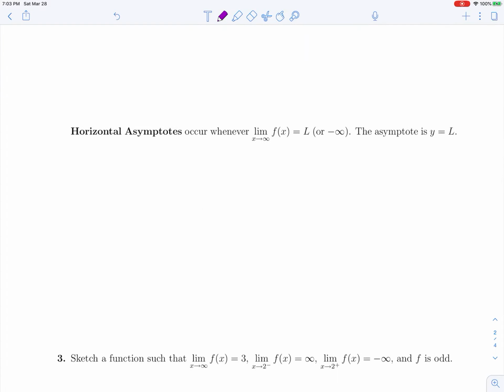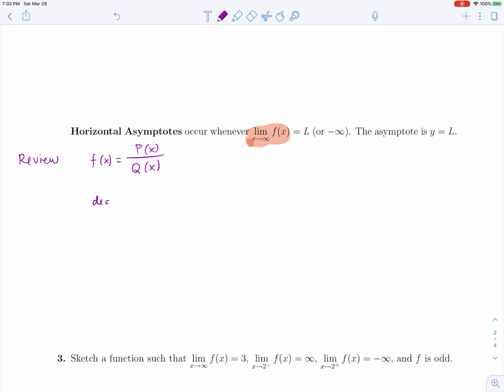So horizontal asymptotes occur when you take the limit as x approaches infinity of the function, or negative infinity. If you remember, just kind of a review, if we have a function that is a ratio, usually we're talking about polynomial functions when we're talking about horizontal asymptotes in general, not that other functions don't have them, but these are the ones that we're usually dealing with, then we're going to look at the degree.